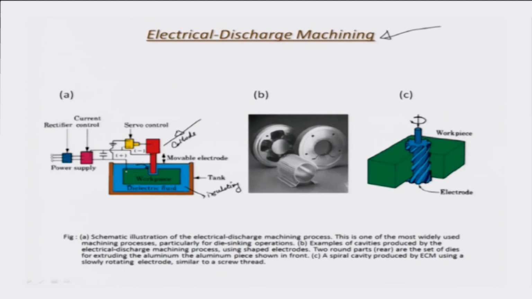And the advantage of a dielectric fluid is that it provides a path between the tool and the workpiece right about in this particular gap, which is non-conducting in nature.